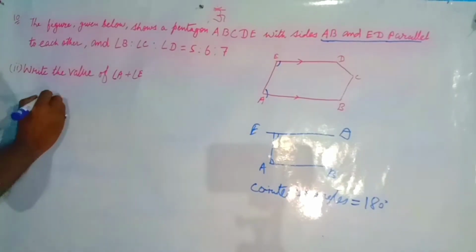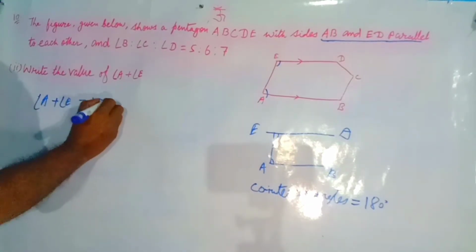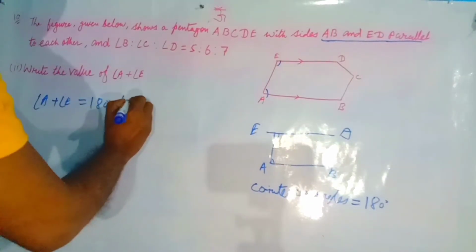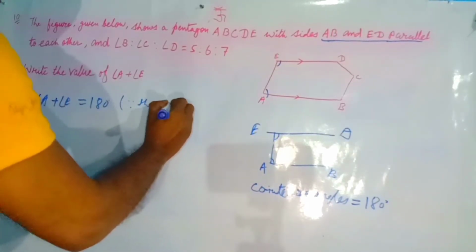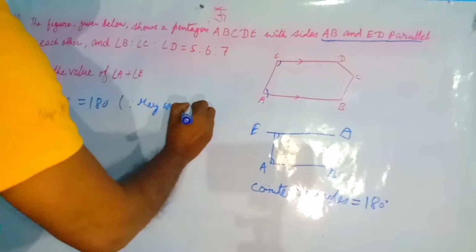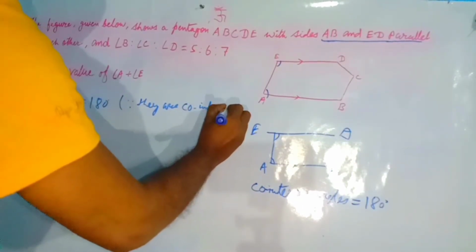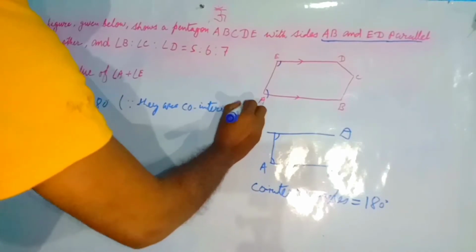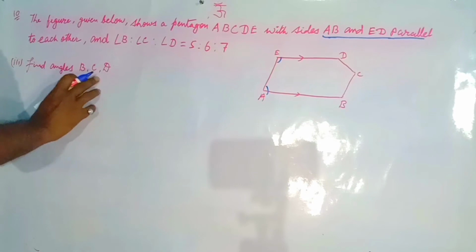So the sum of angles A and angle E equals 180 degrees. You can write here the reason: since they are co-interior angles. That's it. And the third part of question number 10 is: find angles B, C, D.